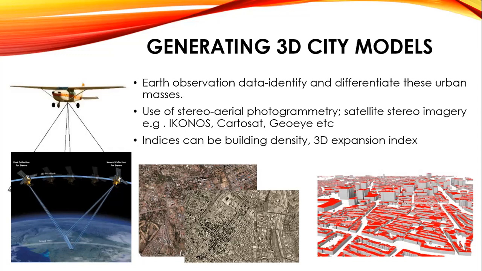At the same time, you develop indices that can help in having, for example, the building density and then the 3D expansion index. These are 3D indices that have been developed for the 3D city model. Once you develop the 3D city model, first you've obtained it from photogrammetric techniques.